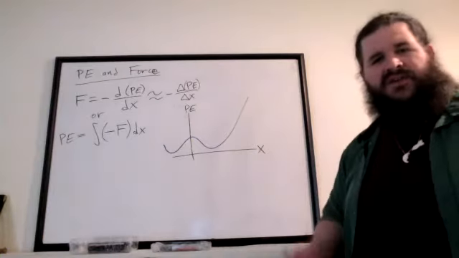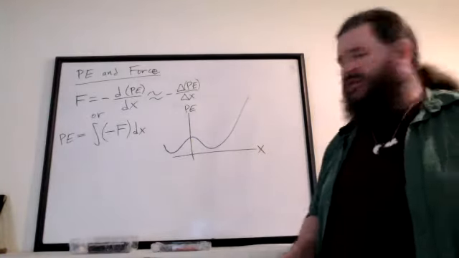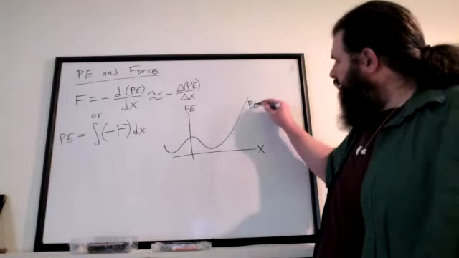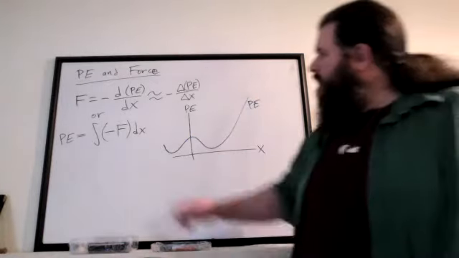And this isn't necessarily any specific type of potential energy. Let's just say we've got some sort of potential energy whose graph looks like this. How would you interpret force on the graph of potential energy? What does the derivative tell you about the graph?